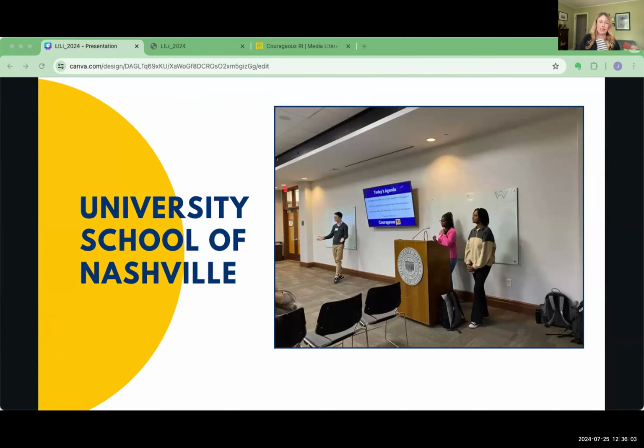And we started with the University School of Nashville, which is a private K-12 school, conveniently located right across the street from the main library at Vanderbilt, because our students did not have transportation. So we just walked across the street, and we had an existing partnership there.